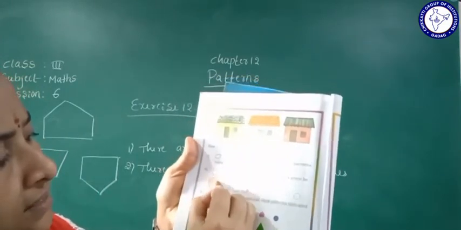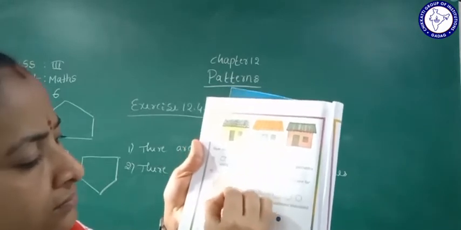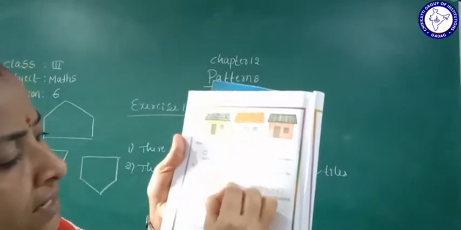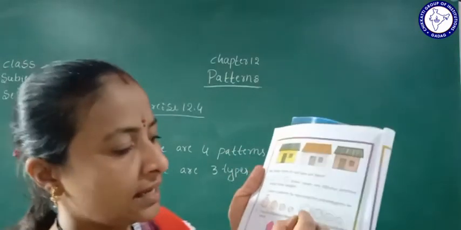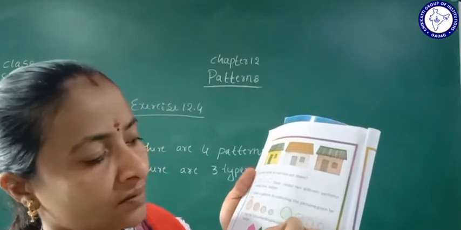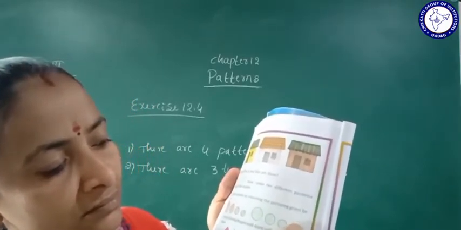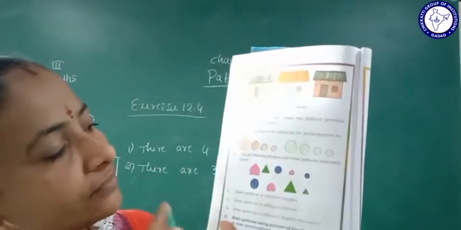I'll give this color to all in one picture. It means all 4 designs, and I'll give another pattern to all 4 designs. Yes, we'll give the color, like we will give the color in different patterns.